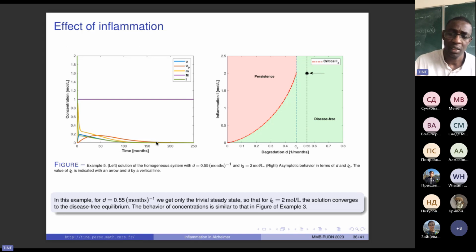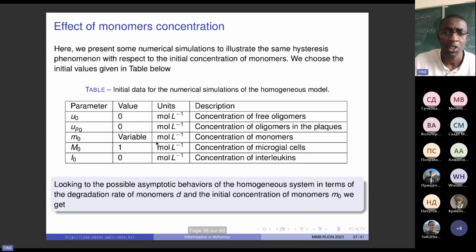So that means the choice of the initial concentration of interleukin is very important if you want to say something about the dynamics of the persistency or not of our disease, of Alzheimer's disease. So, of course, we can investigate the effect of monomer concentration.